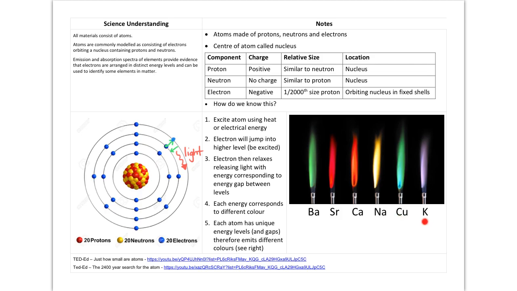And potassium, I usually call it lilac, or basically a purpley pink colour. So those are all telling us about the energy that's released. And if we go back to what I was saying before, these reds would be the lower energy, then the oranges, yellows, greens, and the violety sort of purple colour would probably be the highest energy level gaps in the atom. So there we have what we need to know about the structure of the atom.